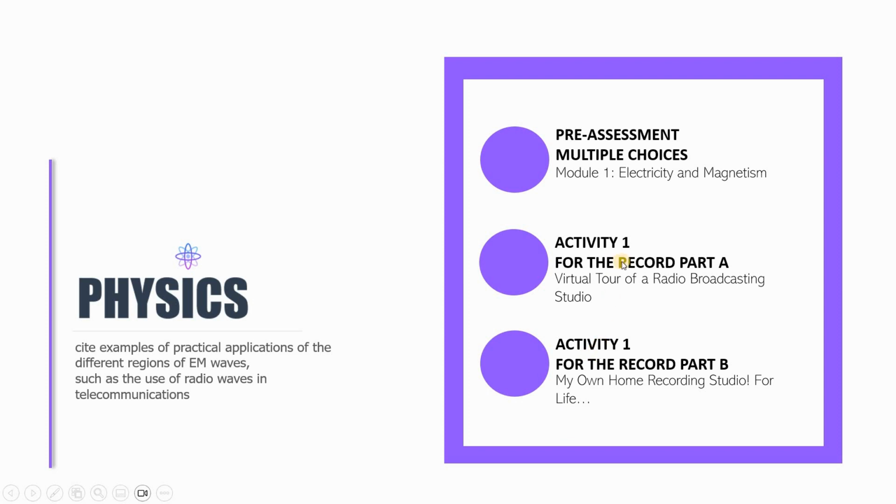And then, the last part of this session was the second part B of Activity 1 for the record. It was titled My Own Home Recording Studio for Life, where we matched the photos with their names as well as their functions to make a code.